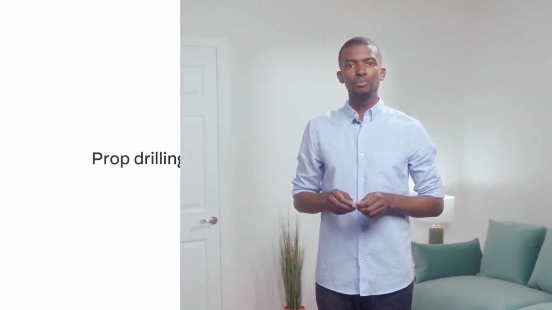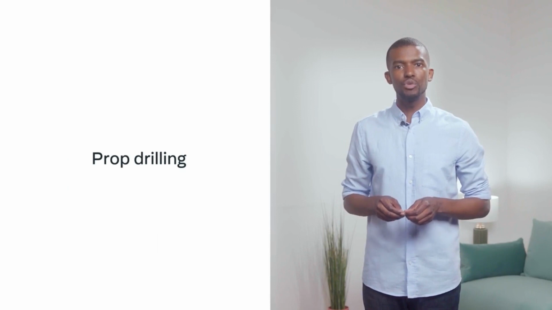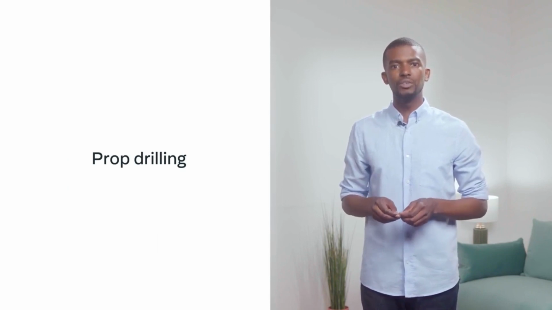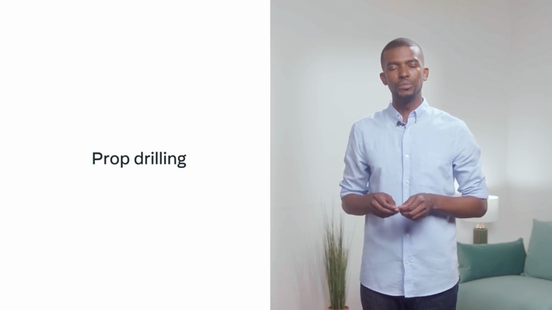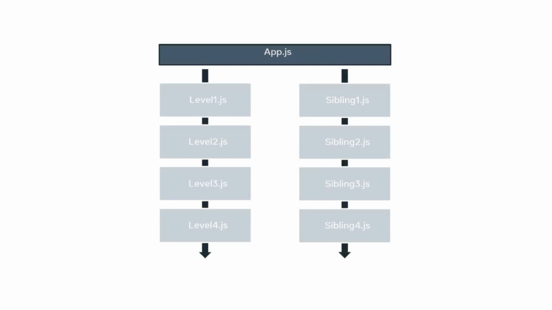The question you must now ask is, what is wrong with prop drilling? Prop drilling is a commonly used term to describe having to pass state through props in several layers of components, from the parent to the child to that child's child, and so on. Note that if the source data changes, you will have to transfer those changes across the entire prop drilled structure.